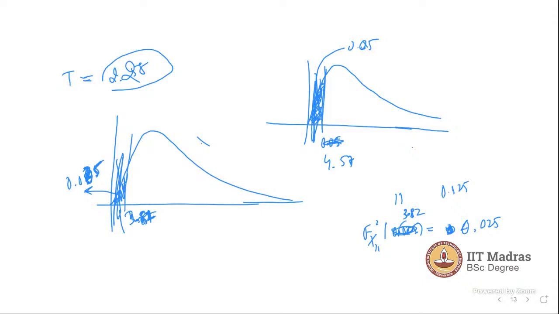The factor arrives from the ratio of S1 square by S2 square. I remember that one was mentioned in the lecture itself.